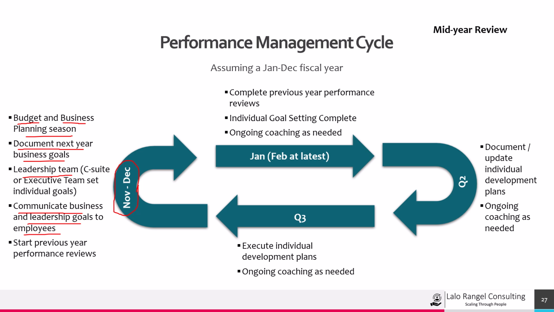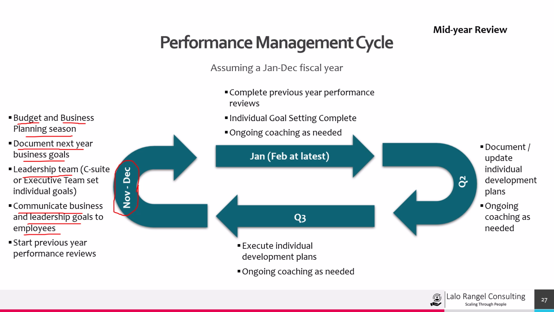Communicate goals before the end of the year. I have seen companies that start their fiscal and performance year in January, and it is February or March, and they have not even communicated the business goals for the year. They have not finished identifying those company goals.